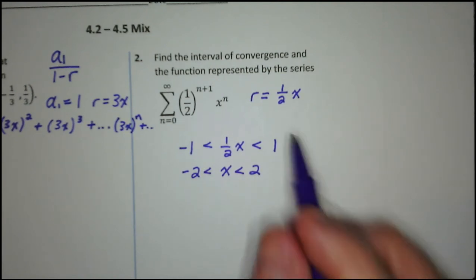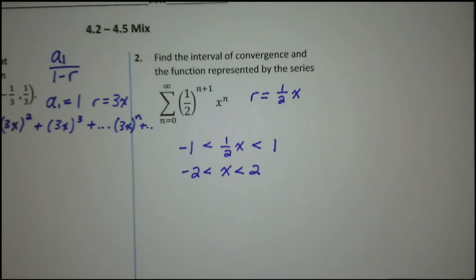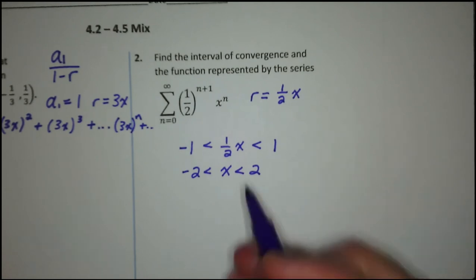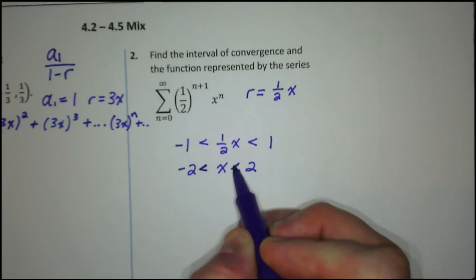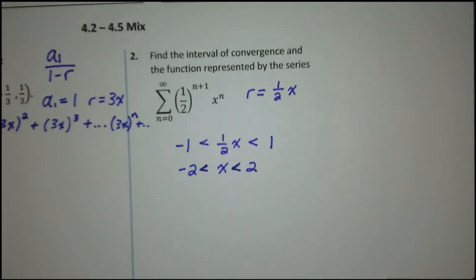All right? Now, it occurs to me, what I'm about to do is investigate the endpoints. By the time we got all the way done with section 4.5, we realized that in order to be thorough, we needed to investigate and check the endpoints. Right now it's just less than, and this is just less than.